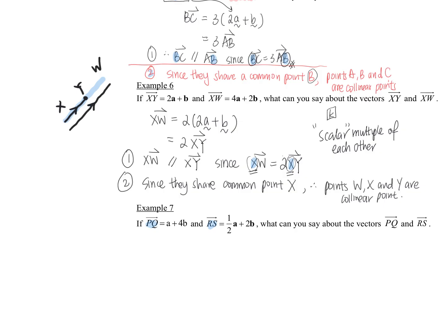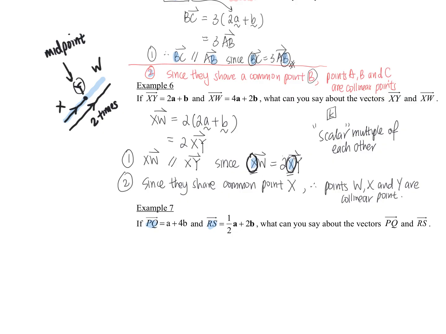Yeah, so Y is just in the middle of it. This is 2 times, right? This is 2 times. So your Y happens to be in the middle of the line, midpoint. So as long as there's a multiple, it's collinear. If they share a common point, then you can say collinear.